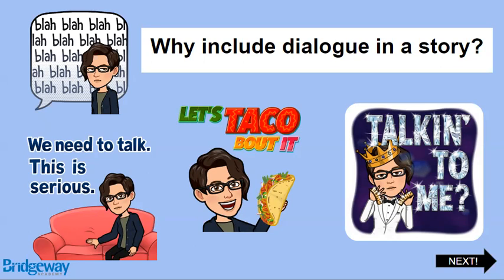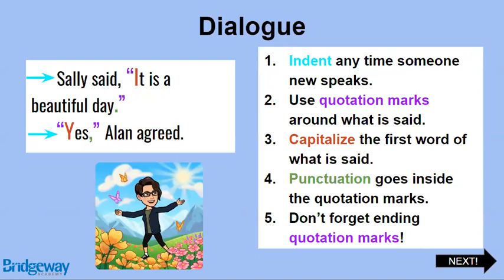Maybe that's a conversation with a trusted individual that they talk through, right? So dialogue can be used just for interactions, for telling us about characters, and in order to emphasize, to highlight something important happening in the plot of our story.